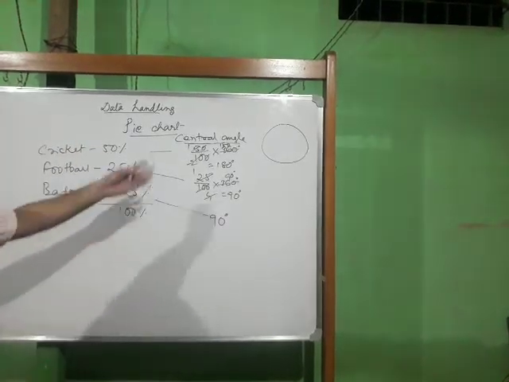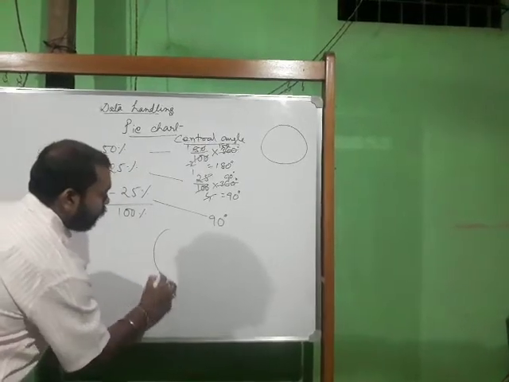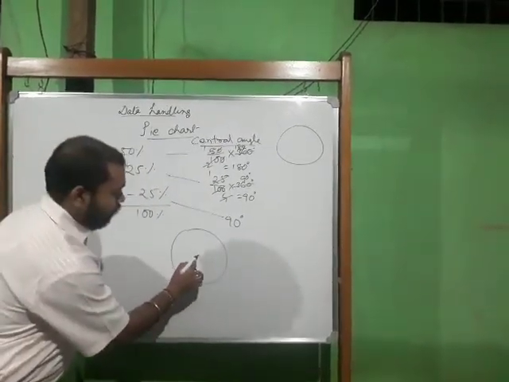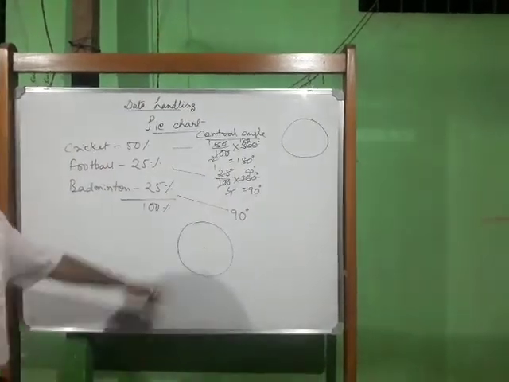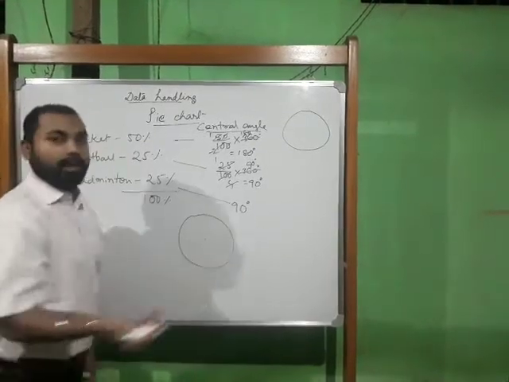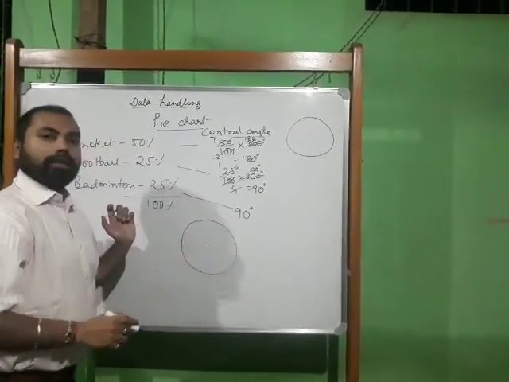Now how to draw this pie chart? Suppose you draw a circle. First you draw a circle, and this is the center of the circle. Now you see 180 degrees. 180 degrees means it will be the diameter. Otherwise you can take the protractor and draw the diameter.